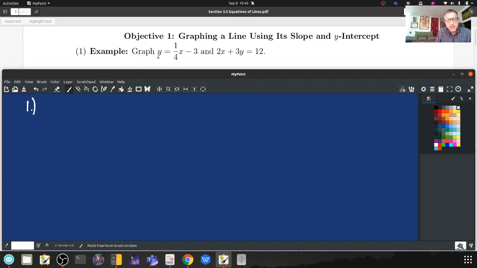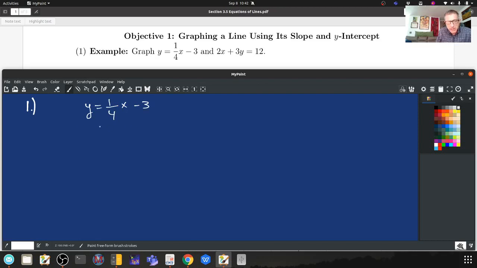So we're asked to graph y is equal to 1/4 x minus 3 and 2x plus 3y using its slope and y-intercept. So we have y is equal to 1/4 x minus 3.